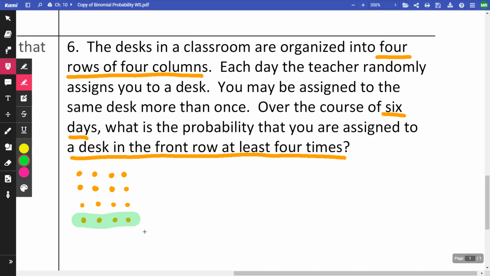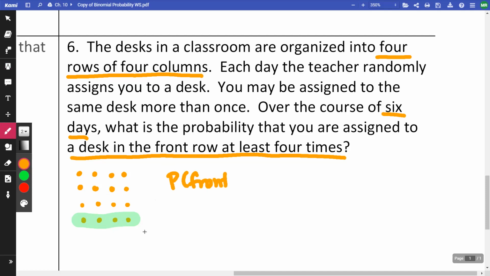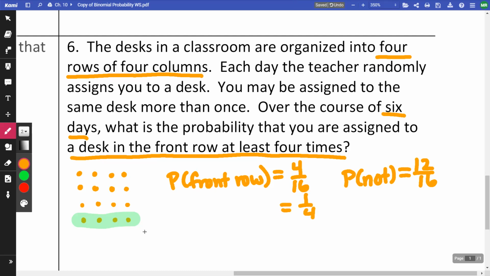The probability of front row is 4 out of 16. So the probability of not the front row is going to be 12 out of 16. Now, 4 out of 16 reduces to 1/4, and 12 out of 16 reduces to 3/4.